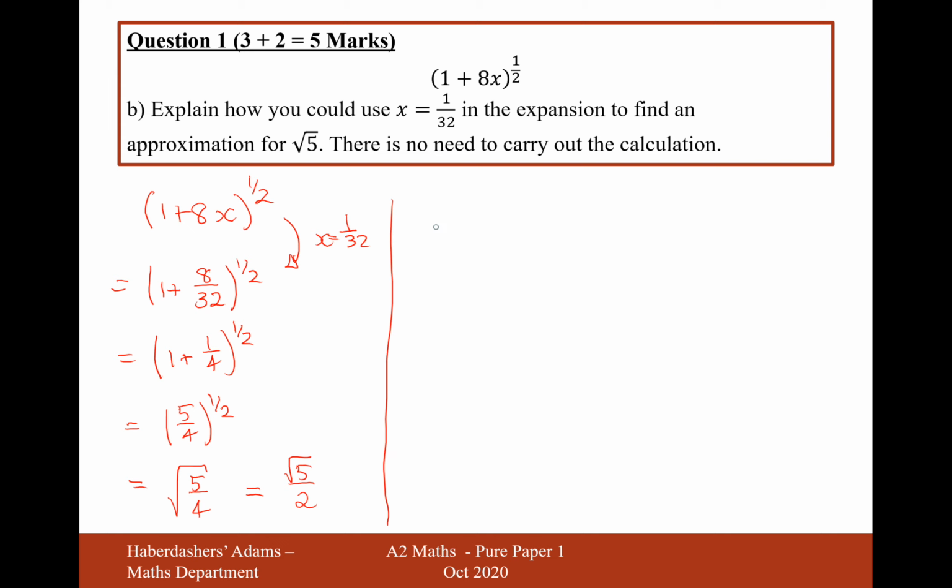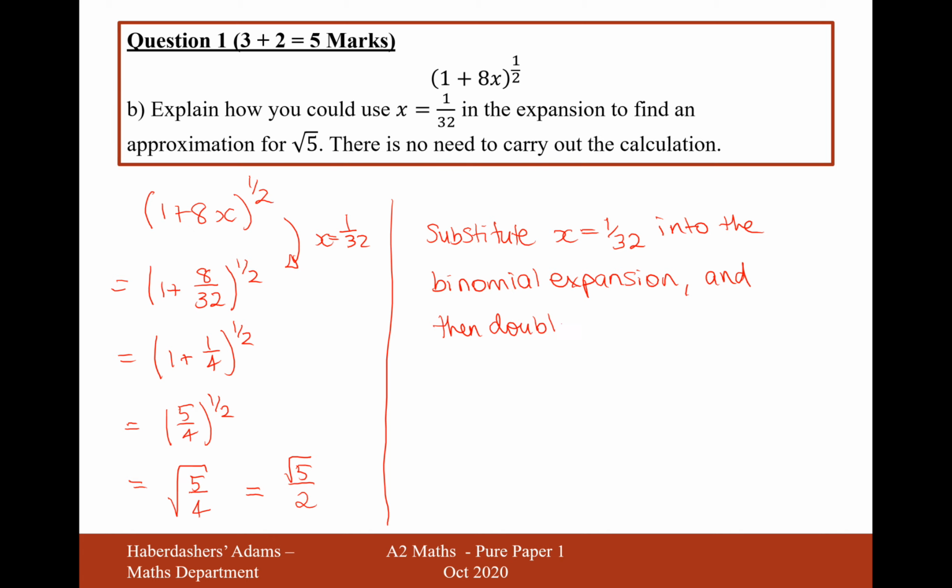So a little conclusion now: substitute x equals 1 over 32 into the binomial expansion, and then double your answer, because we'd effectively be multiplying the root 2 onto the other side.